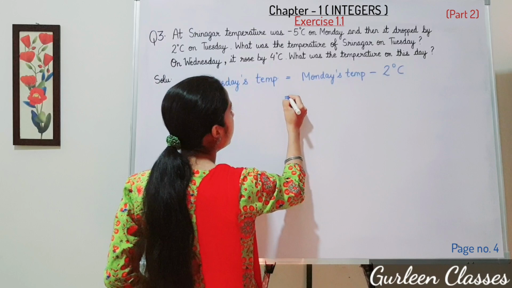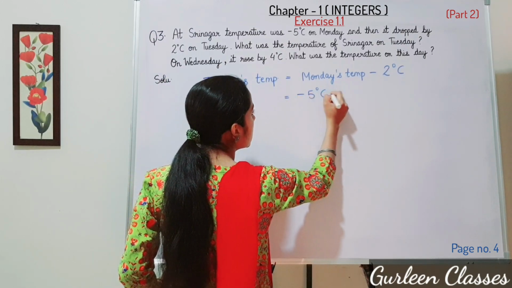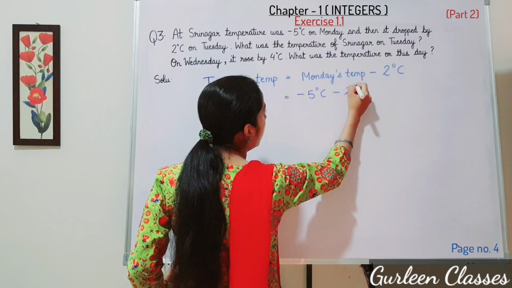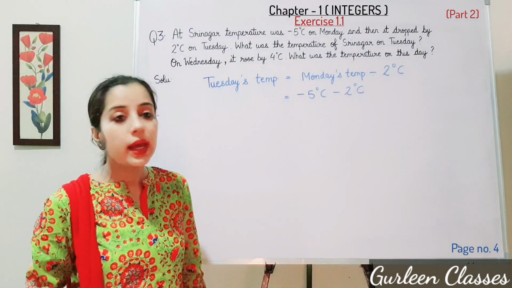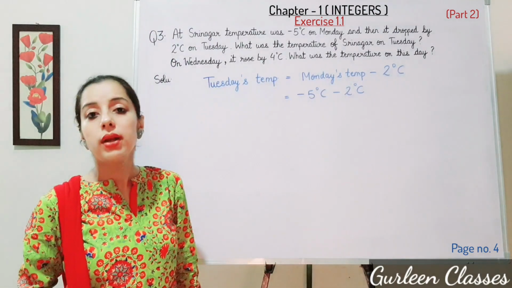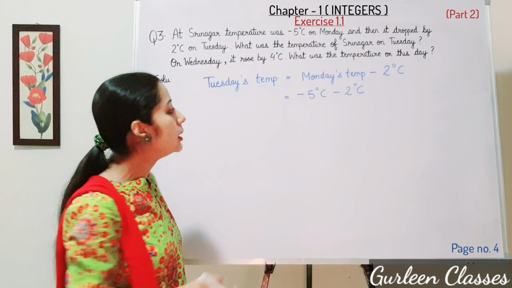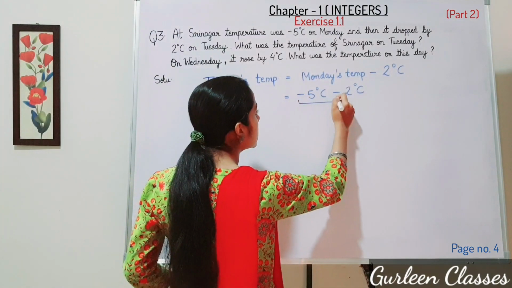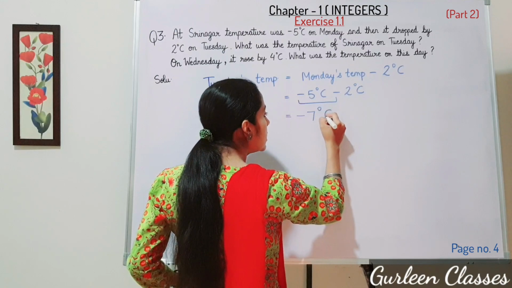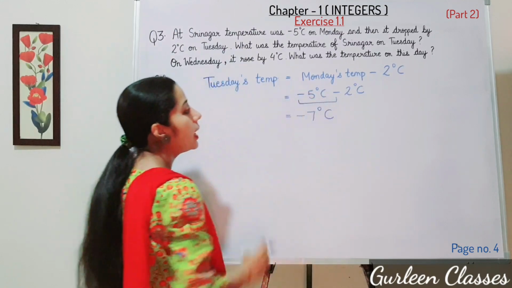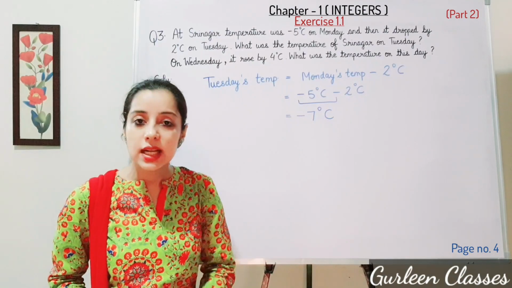So Monday's temperature is minus 5 degrees Celsius minus 2 degrees Celsius. As they said that it dropped by 2 degrees Celsius on Tuesday. Drop means कम हो गया, घट गया. So it will be minus minus plus. Minus 7 degrees Celsius. As greater number has minus sign, it will be minus 7 degrees Celsius.